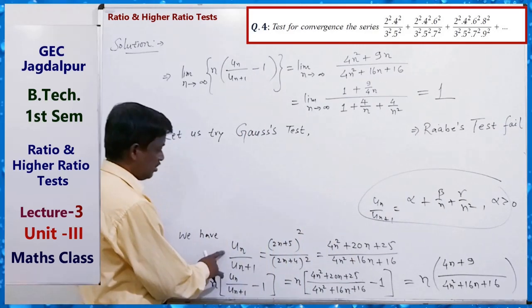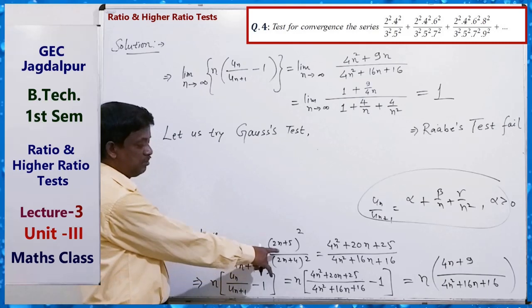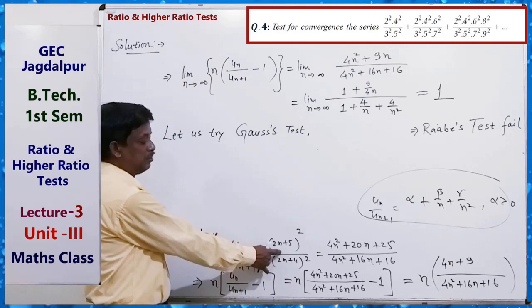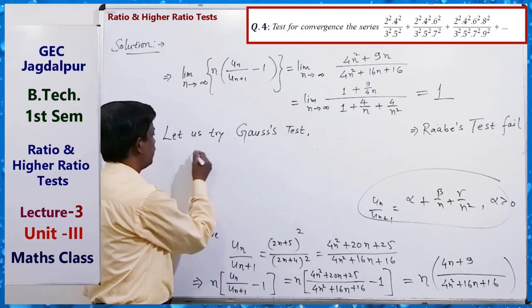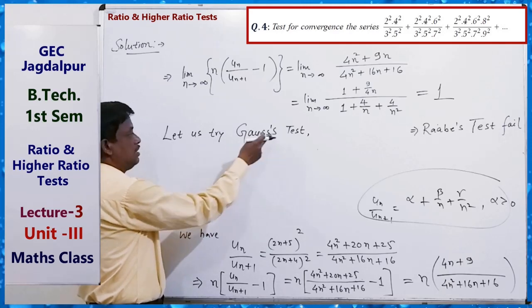So here, un by un plus 1, we have like this. Okay? Now let us try this.